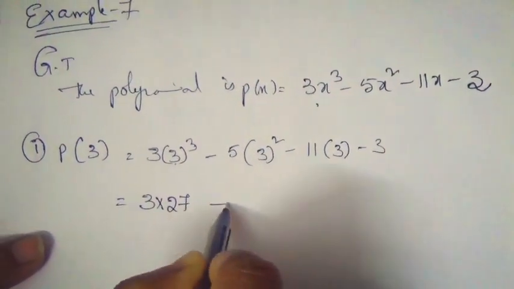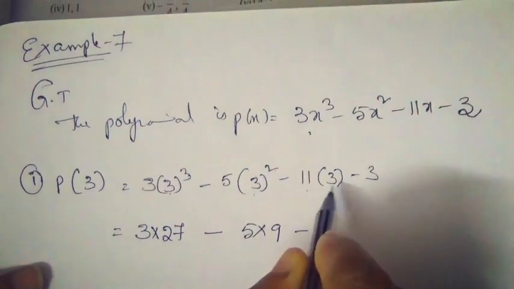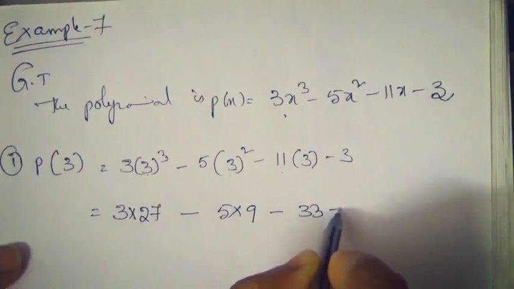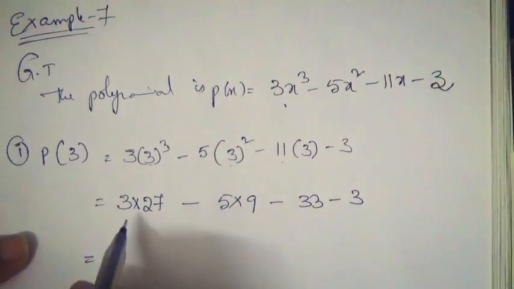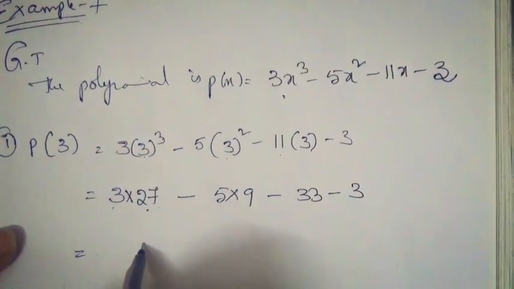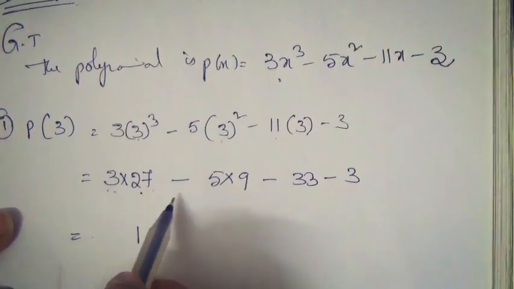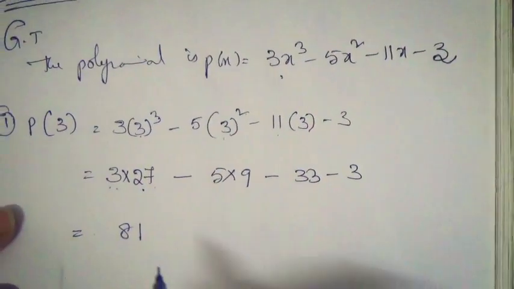So 27 minus 5 into 3 square, that is 9, minus 11 threes are 33, minus 3.